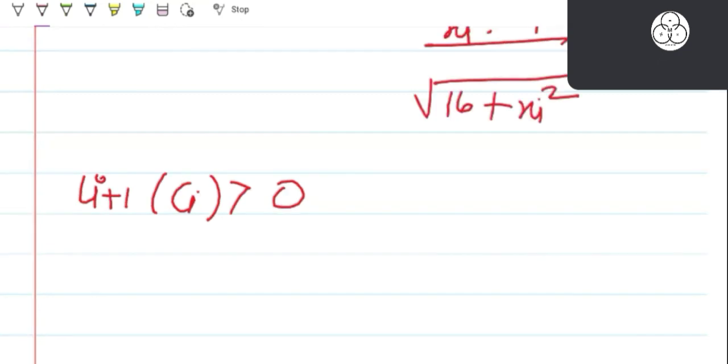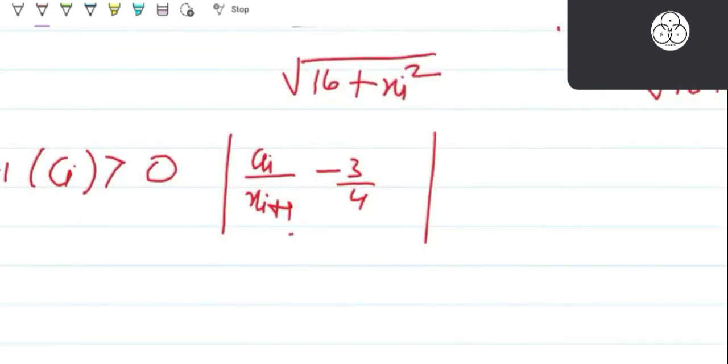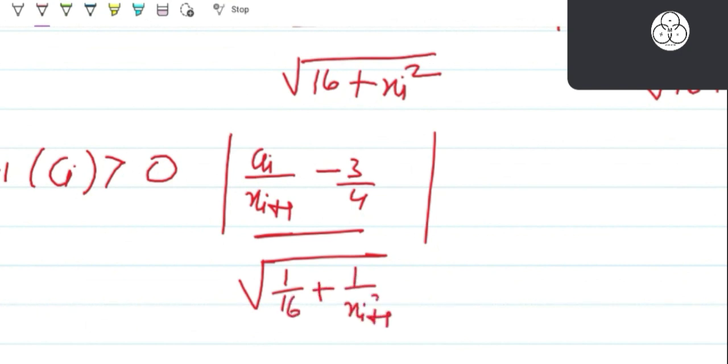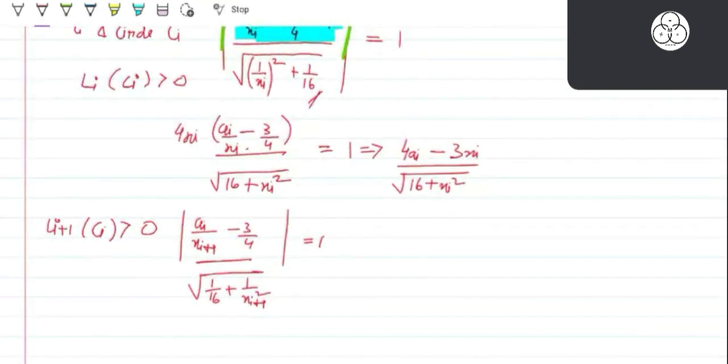For Li plus 1, this value of mod, when we are going to open this value of mod, Ai over xi plus 1 minus 3 by 4 root over of 1 over 16 plus 1 over xi plus 1 whole square, that is going to be 1, and this value, I think we concluded to be negative, right? Because this value should be negative.